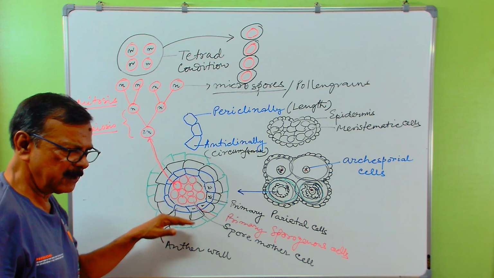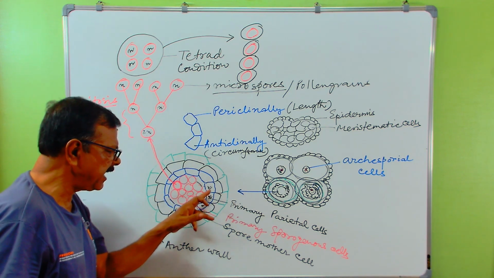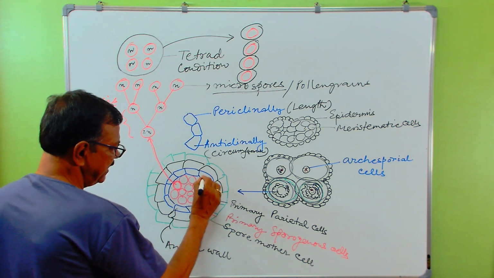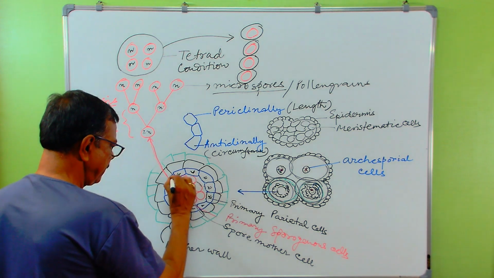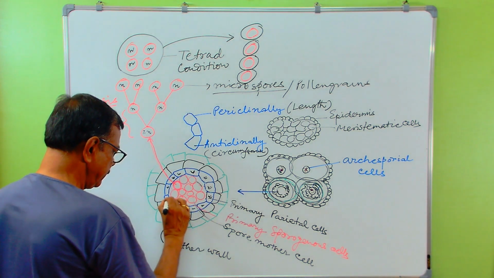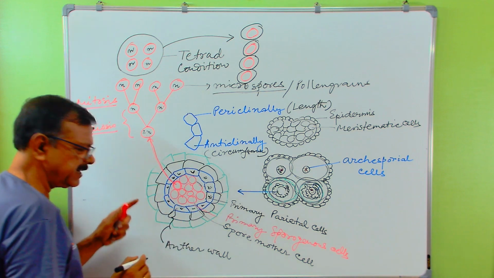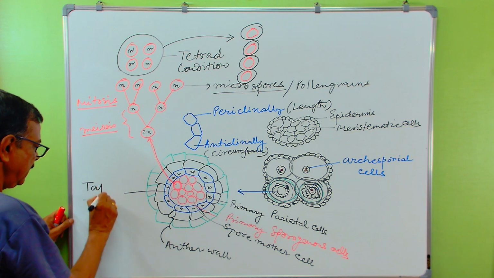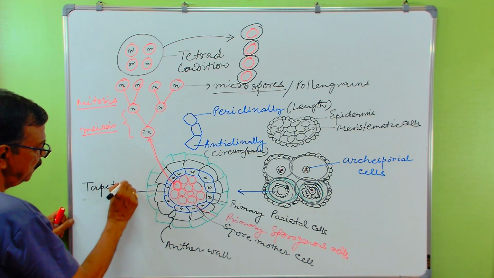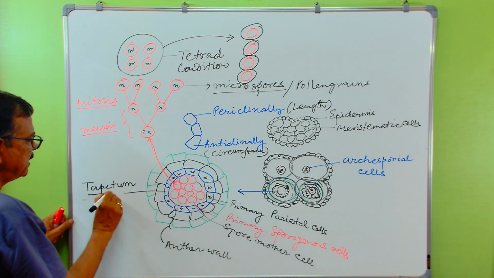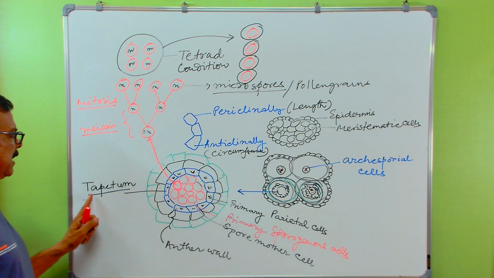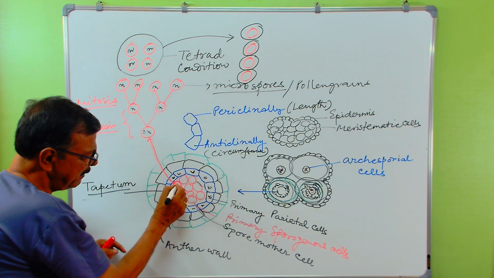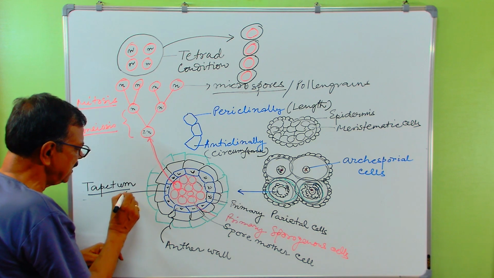The innermost layer of the anther wall is known as, very important question, tapetum. So this layer above the sporogenous cells is known as tapetum.